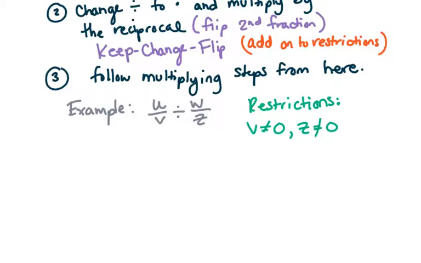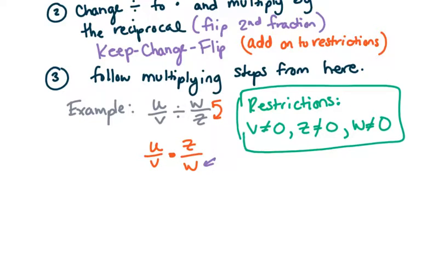Now I'm going to divide, so I'm going to keep my first fraction. I'm going to change to multiply, and I'm going to flip my second fraction. Now, notice when I flip my second fraction, that now I have a W on the bottom. So I need to add one more restriction, and that's that W can also not equal 0. And so now I have all my restrictions listed.